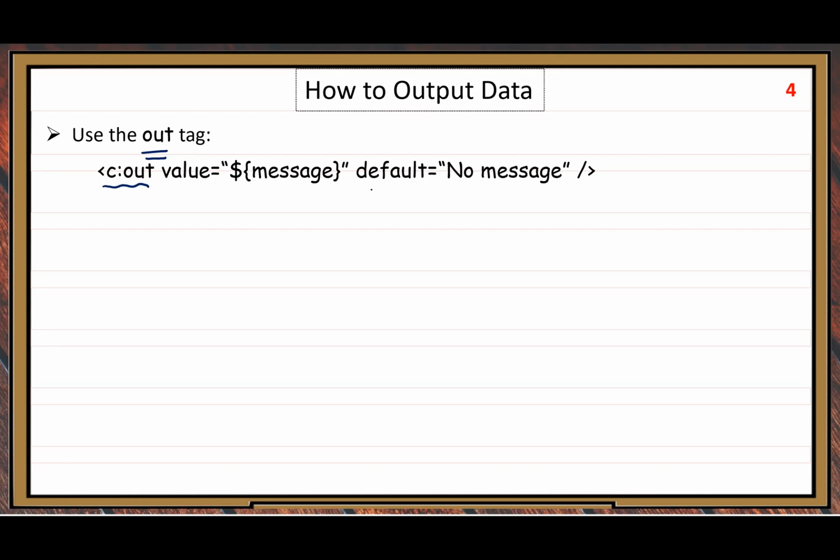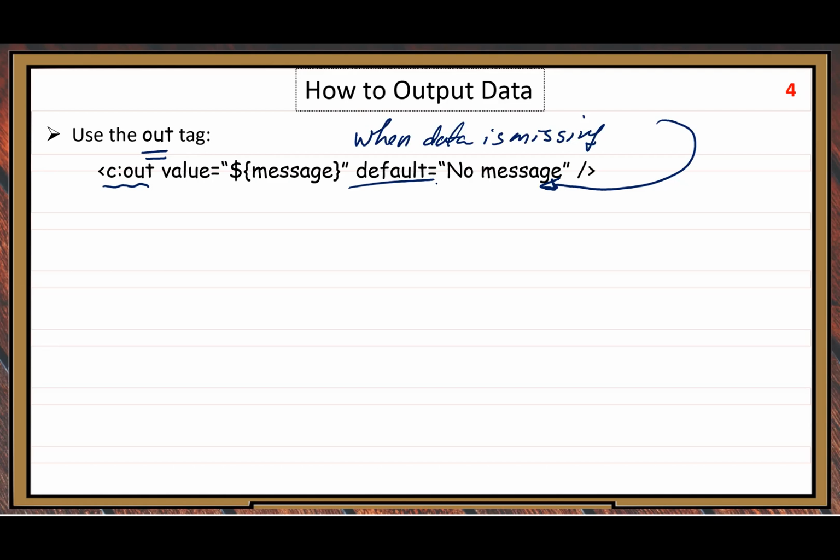Then when data is missing, you show the message in the default attribute.